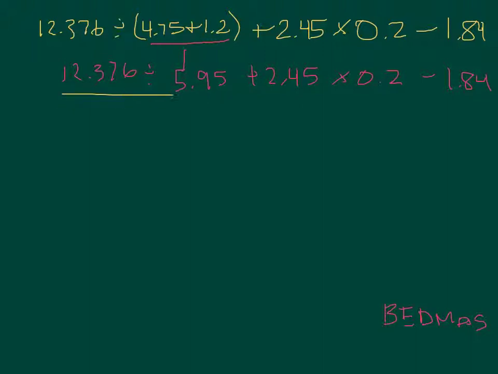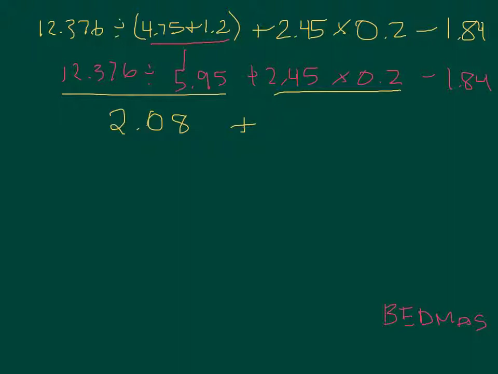So I'm just going to use a different color. So this would be my next step, is 12.376 divided by 5.95. And when I solve that, I get 2.08. And then my second step, and I can kind of just kill two birds with one stone here, I see a multiplication equation right there, 2.45 times 0.2.